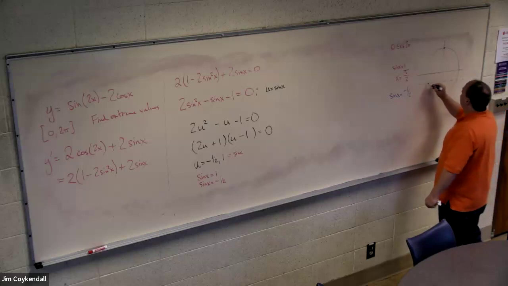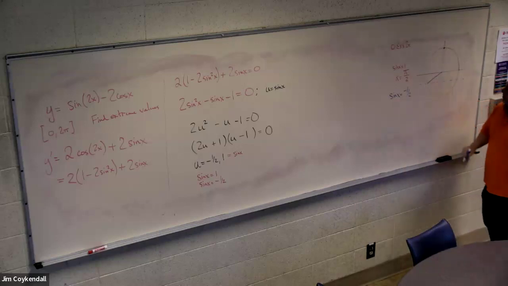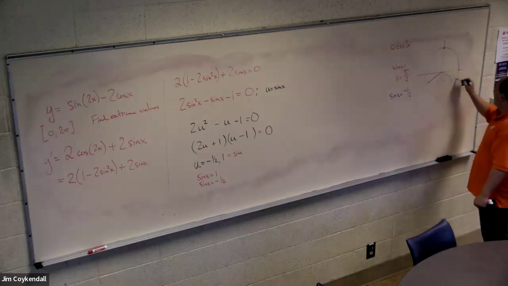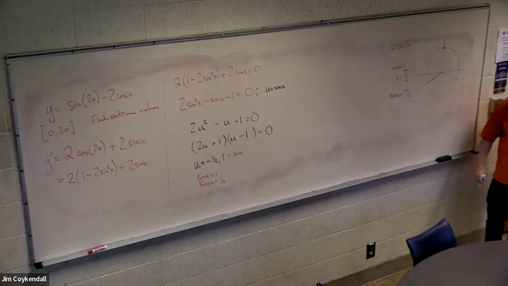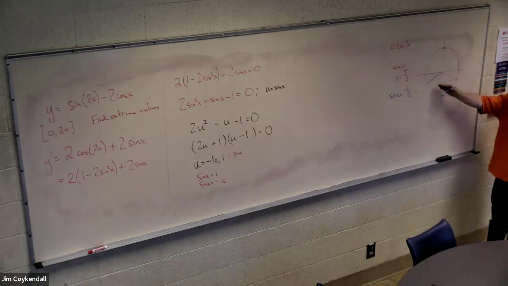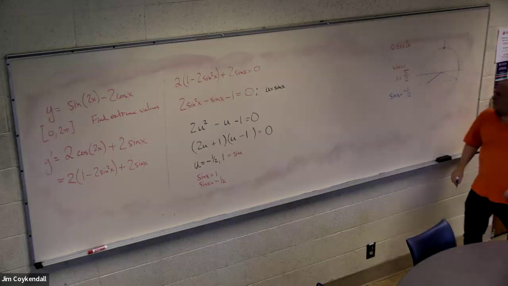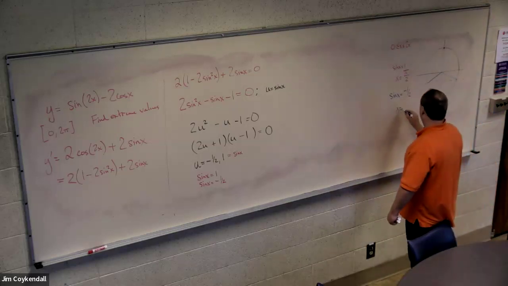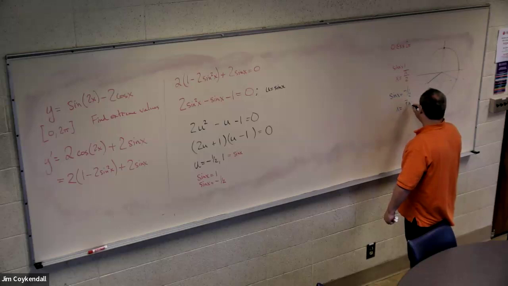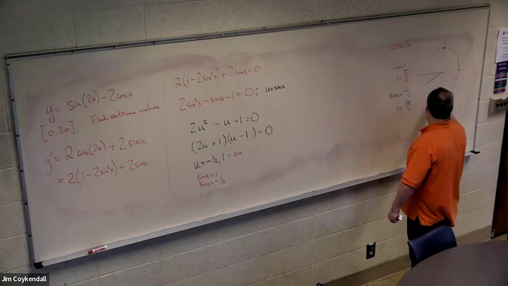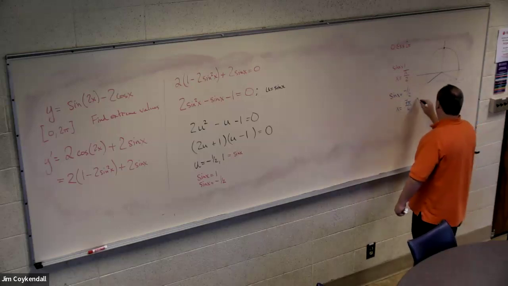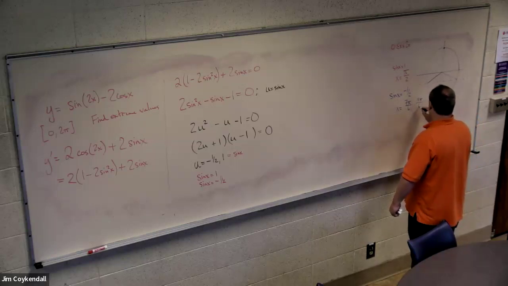It actually happens 30 degrees beyond here and 30 degrees before you get to the end. Right, and sine x is minus 1/2. That means the y corresponds to that, so it should be these two. It should be x equals 7 pi over 6, and then right before 2 pi, 11 pi over 6.